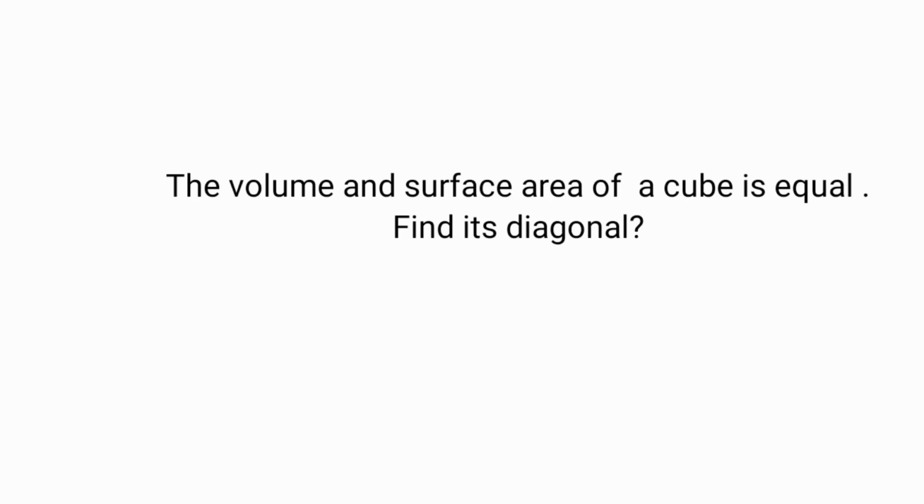Now let's move on to the next question. The volume and surface area of a cube are equal. Find its diagonal. We have already seen that the volume of a cube is a cube and the surface area of a cube is, for a cube there are 6 faces and each face has an area a square. So the total surface area will be 6a square.